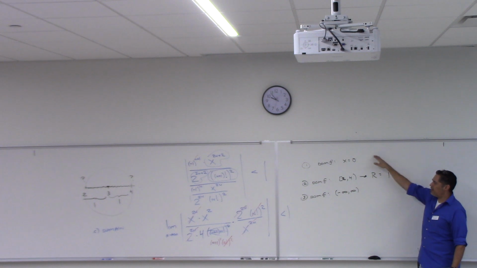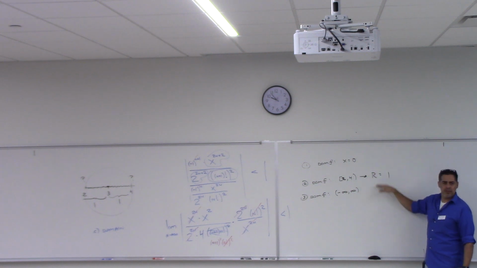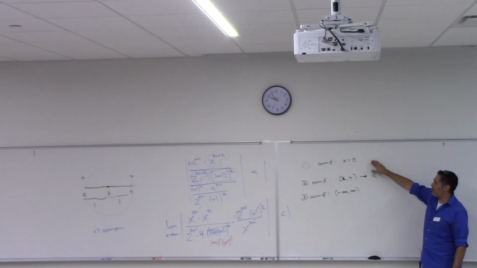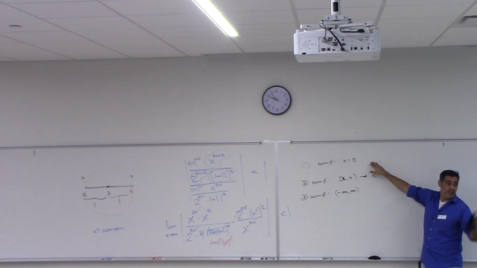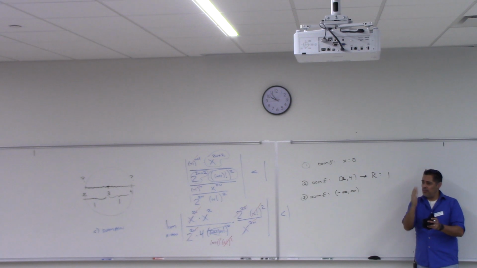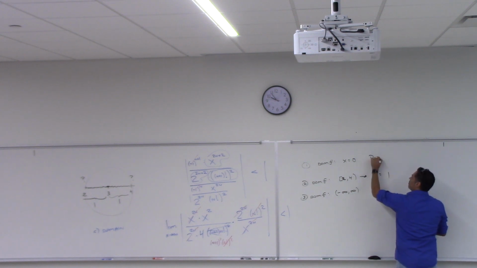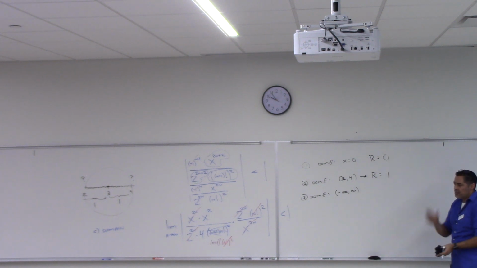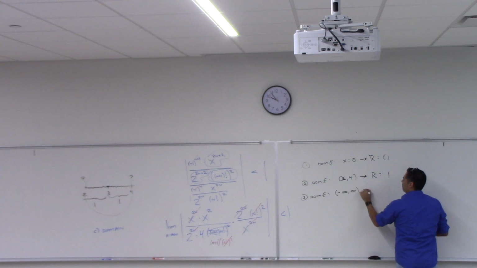Any guesses on the radius of convergence of these two? They're different, but how about this one up here? What do you think the radius of convergence is here? The distance in each direction from the central point is nothing. So your radius of convergence here is 0, because it's just a single point. What do you think the radius of convergence is here?